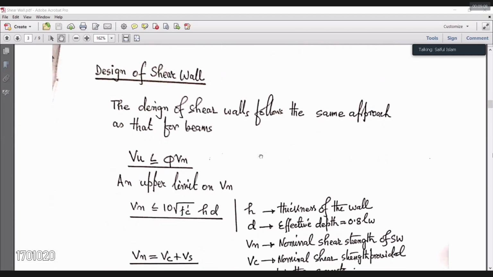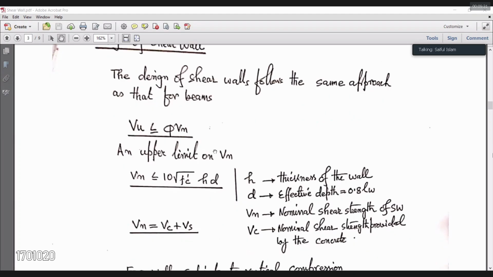Now, how to design a shear wall? The design of a shear wall follows the same approach as for beams, the shear wall being considered as a cantilever beam. The same rules will be applicable. Like beams, you have already covered shear design.